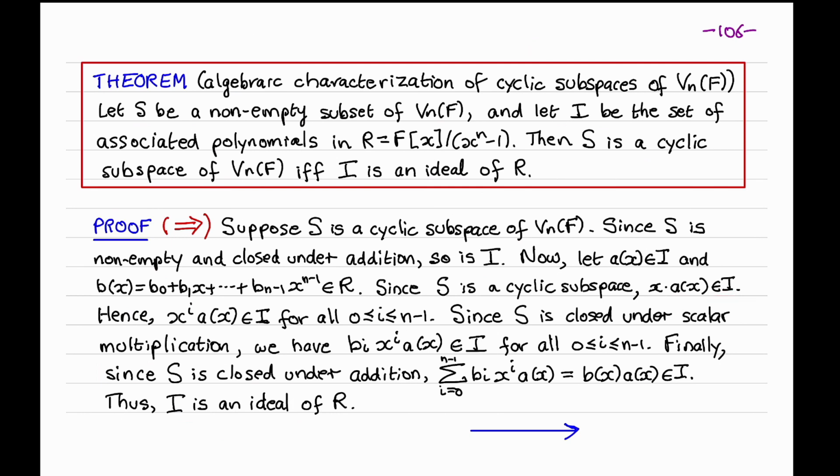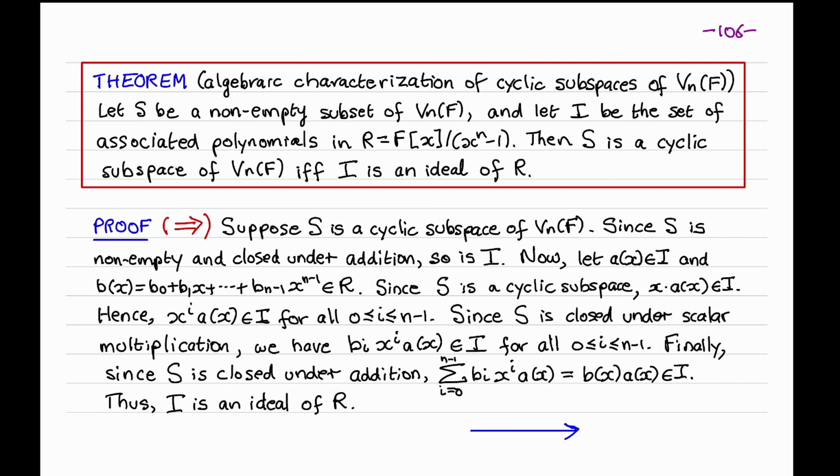Repeating this argument shows that x to the i times A of x belongs to I for all i between 0 and n minus 1. Now, since S is closed under scalar multiplication, if you multiply the vector associated with this polynomial by any scalar, the result is also in S. And this means if you multiply this polynomial by any scalar b i, the result also belongs to I. Finally, S is closed under addition.